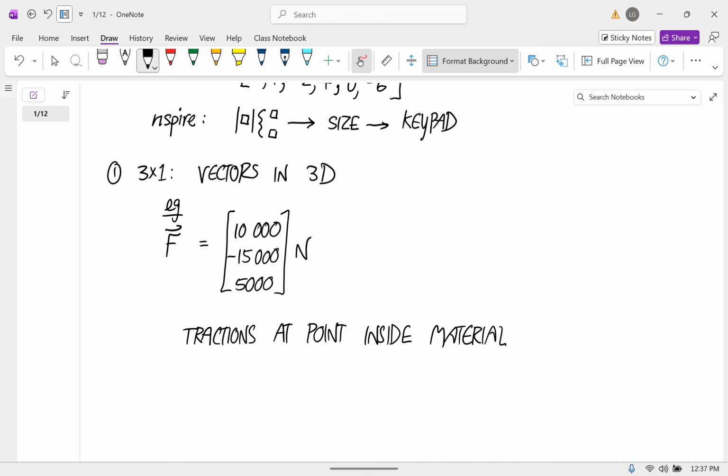And tractions will have units of, well, let me write that as a t vector, and I'm just making up values, but let's say we have 10 to the 5th, and then 0 for y, and then negative 5 times 10 to the 5th for z. And the units for tractions are going to be pascals, which is a Newton per meter squared.